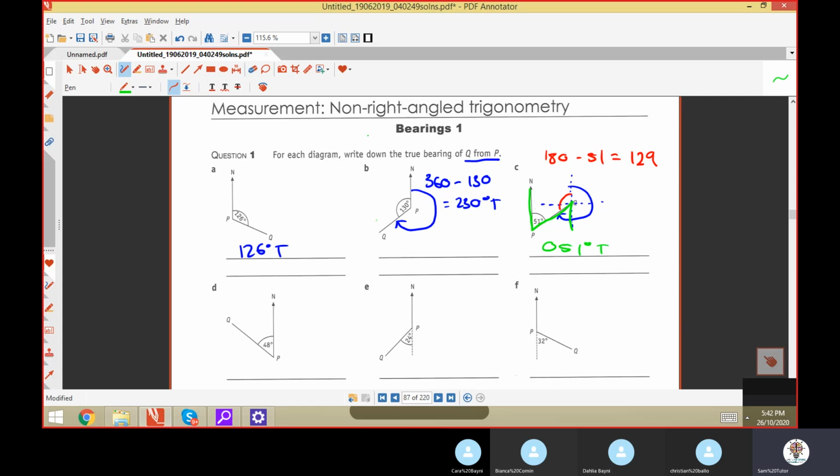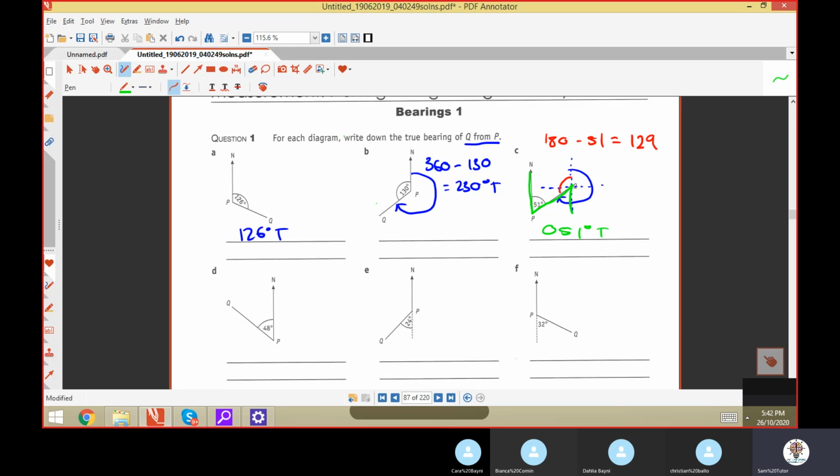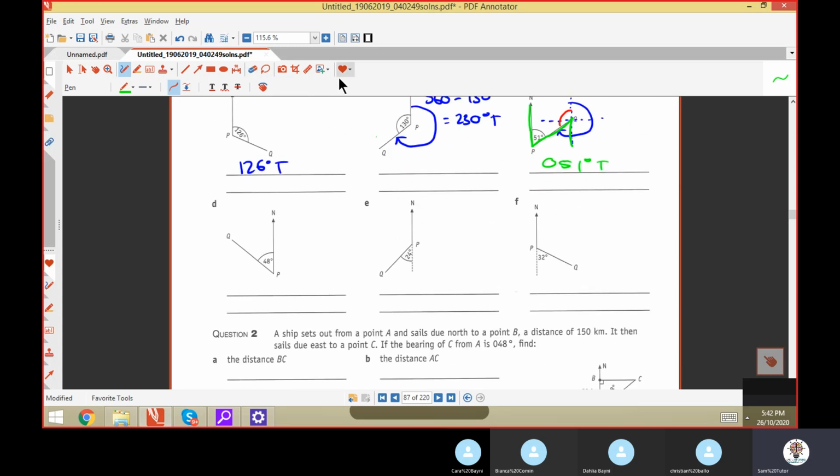Let's keep going. You want me to do D now? I'm trying to say draw compass bearings. Instead of it just being north, draw it like this, and then you can see it starts from north. To get to 48 degrees, it would be 360 take away 48.